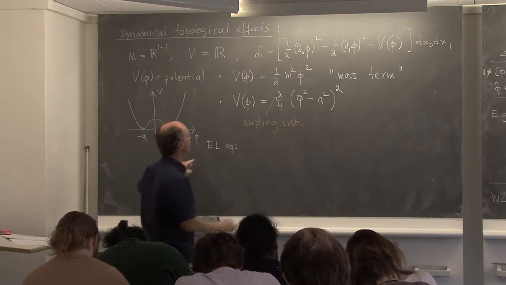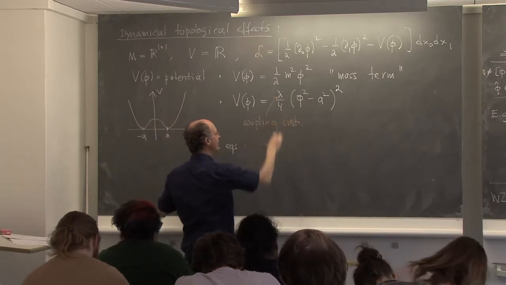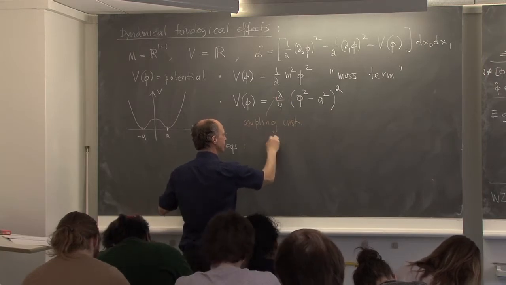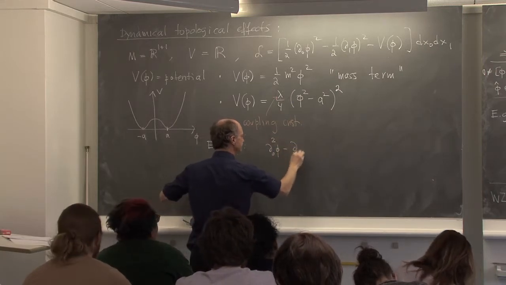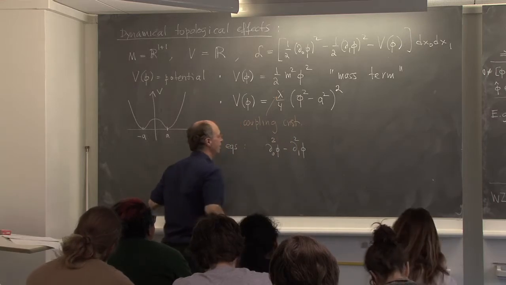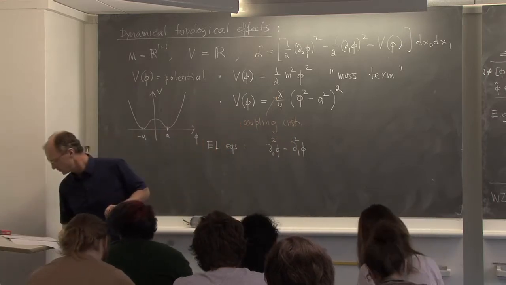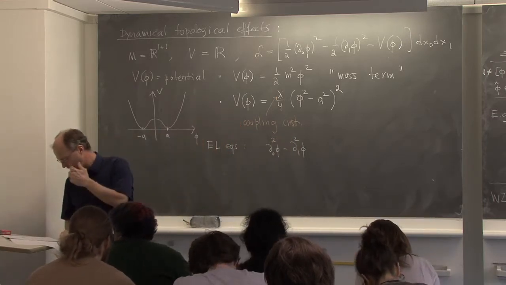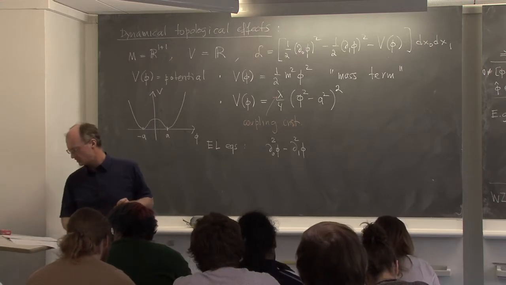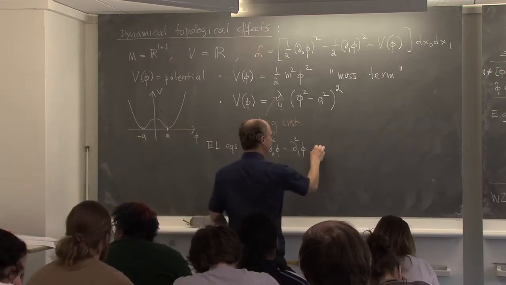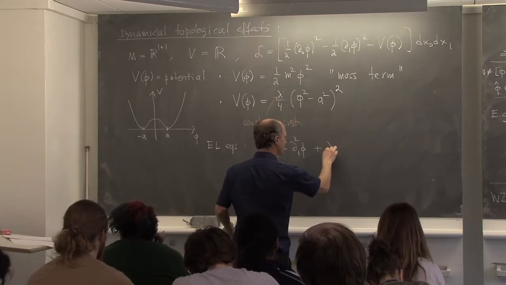So the EL equations, so before we added the potential, this was a wave equation. Now what will happen, I hope I haven't mixed up the sign. So I think now there will be this term.